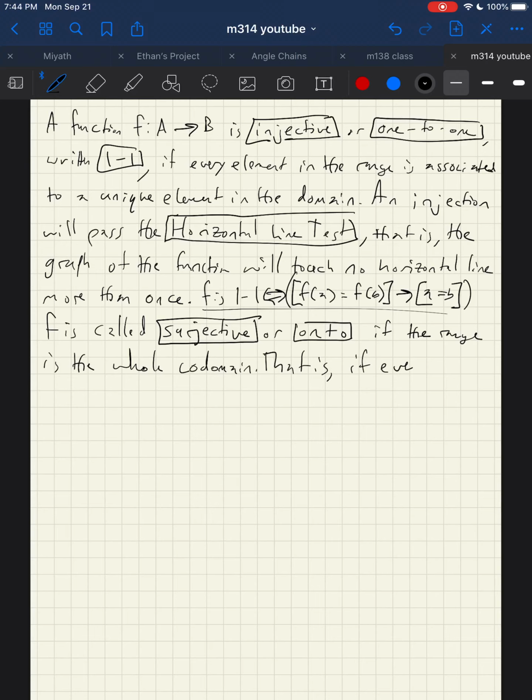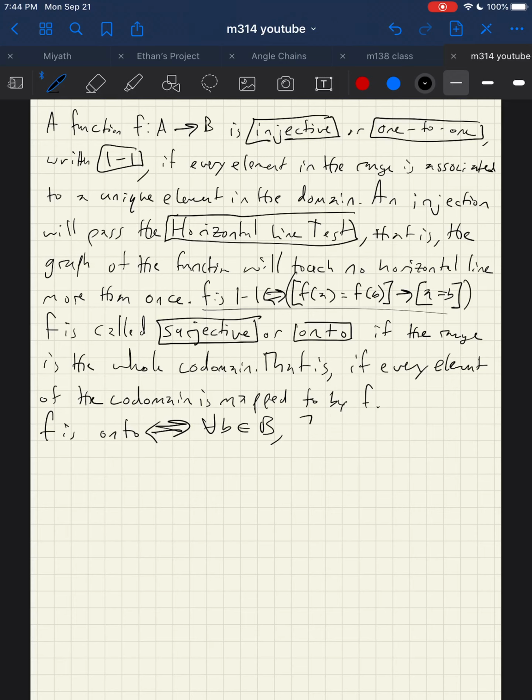That is, if every element of the codomain is mapped to by f. So we can say f is onto, here's the symbolic way to say it, if and only if, for all b in B, there exists a little a in A such that f(a) = b.